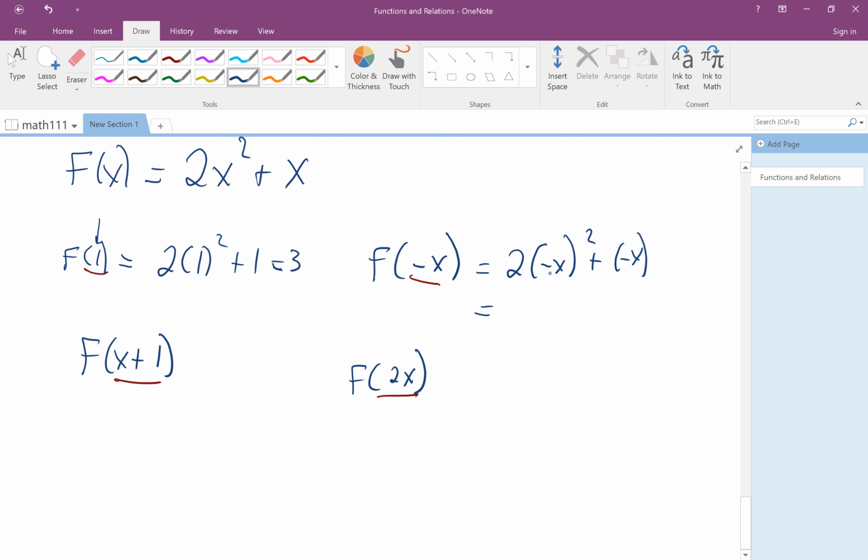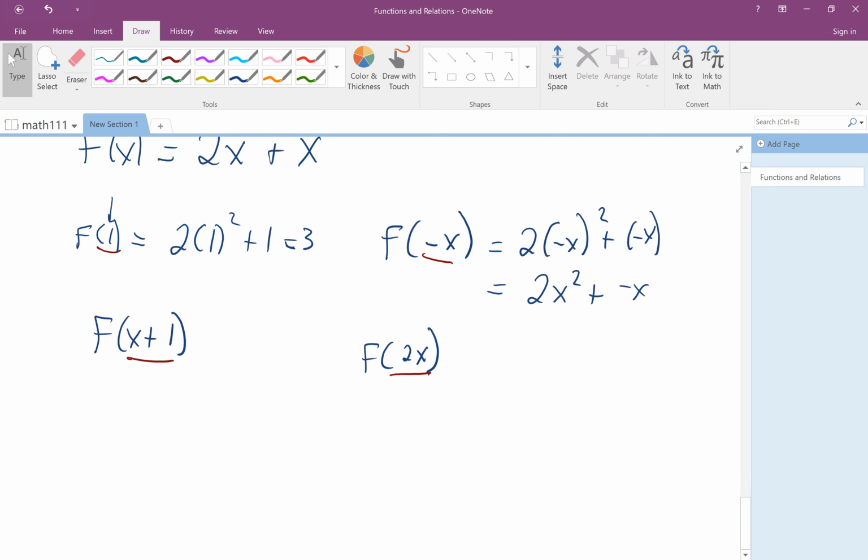Well, what does that become? What's a negative x squared going to be? Positive x squared, good. And then this is just going to be a negative x. That's all I can do with that. But the main idea is wherever I see x, I'm going to put in negative x.